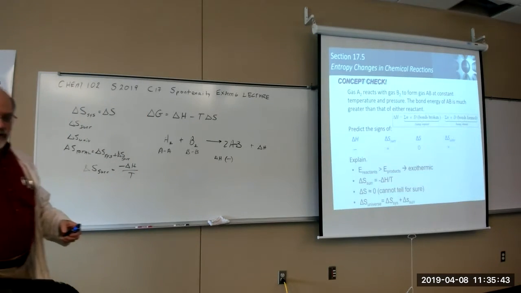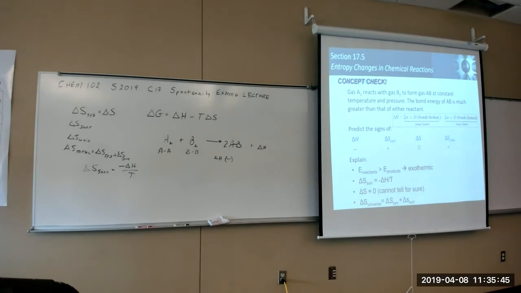I knew you were going to ask that question. Sorry. Let me see if I can figure it out. So delta S for the system is, so this was endothermic or exothermic? Exothermic.